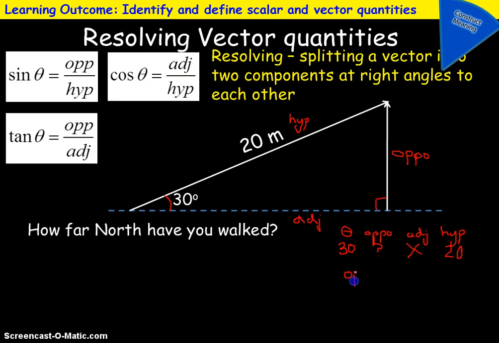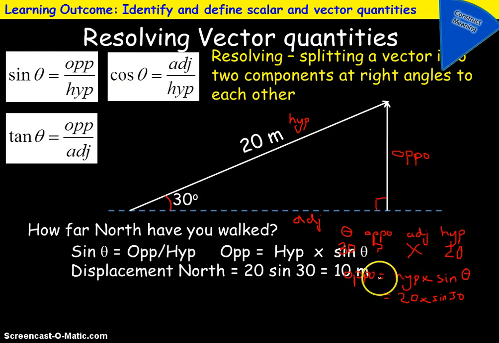So the opposite is equal to the hypotenuse multiplied by sine theta. Then I put my numbers in, so it's 20 times the sine of 30 degrees. That will give me my opposite, which is 10 meters.